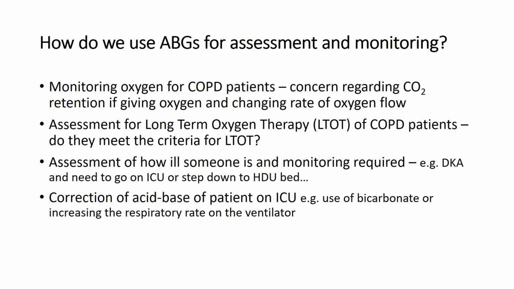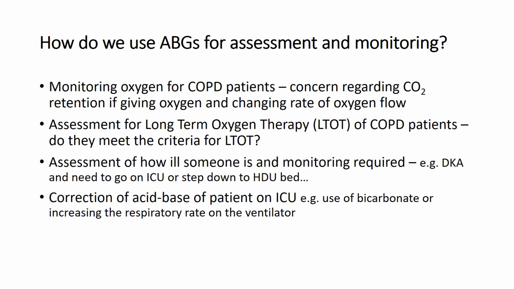So we talked about some of the reasons you might take an ABG, arterial blood gas. You may also consider taking an arterial blood gas for monitoring oxygen for COPD patients, particularly if you're concerned regarding carbon dioxide retention, particularly if you're giving high flow oxygen, as they may retain carbon dioxide, particularly as you reduce their hypoxic drive, and suddenly they don't have the drive to breathe anymore because they've been hypoxic.